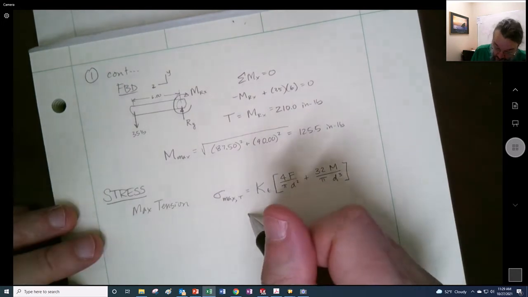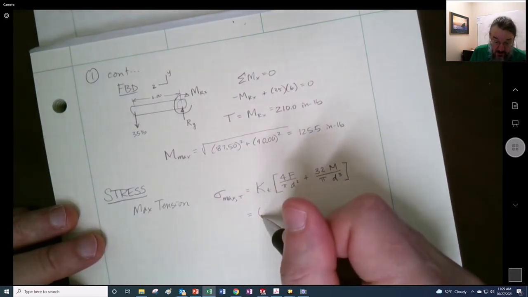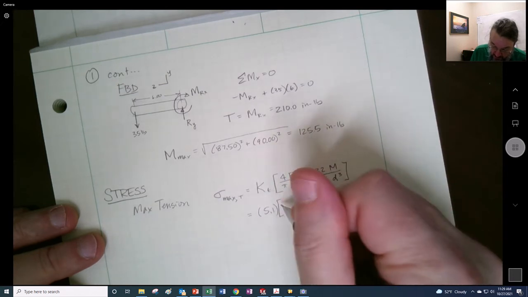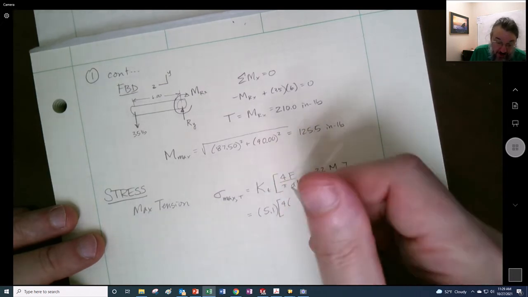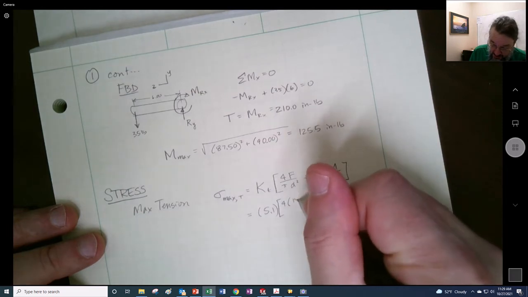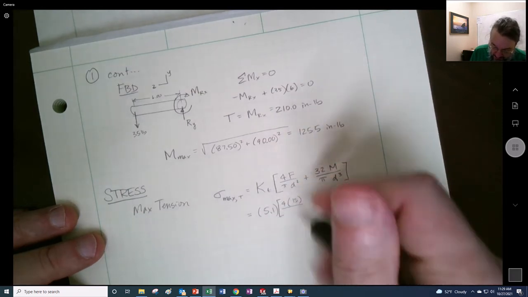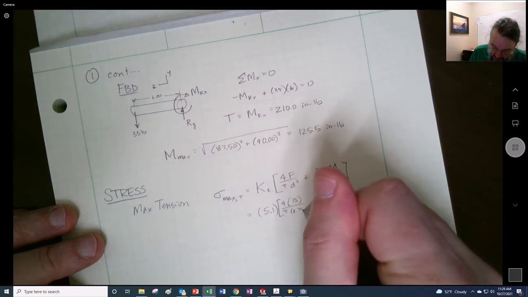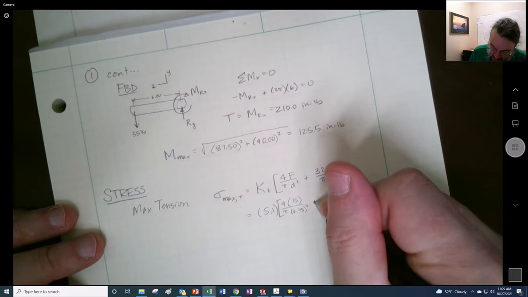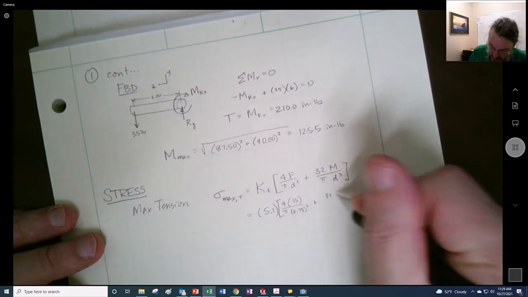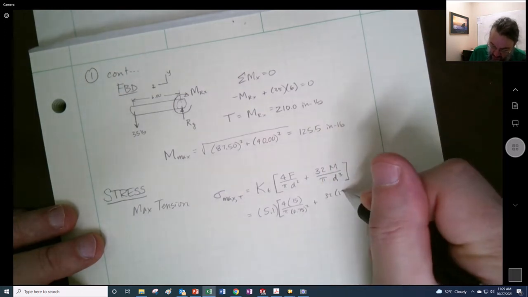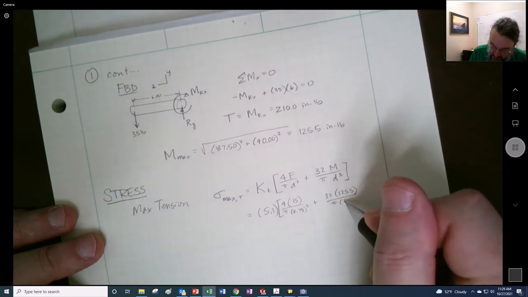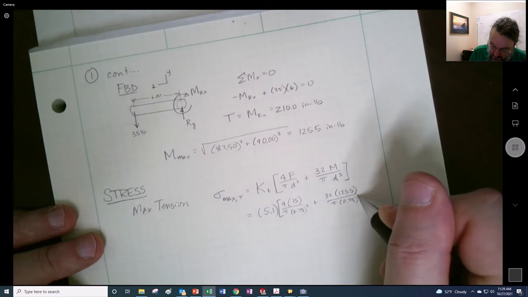So that's going to be our 5.1 times 4, and that F is only 15 pounds, so it's not going to be a lot. Pi, and we're going to use the small diameter 0.75 squared, and then take our 32, and the moment's going to be our 125.5, and divide it by pi and 0.75 cubed.